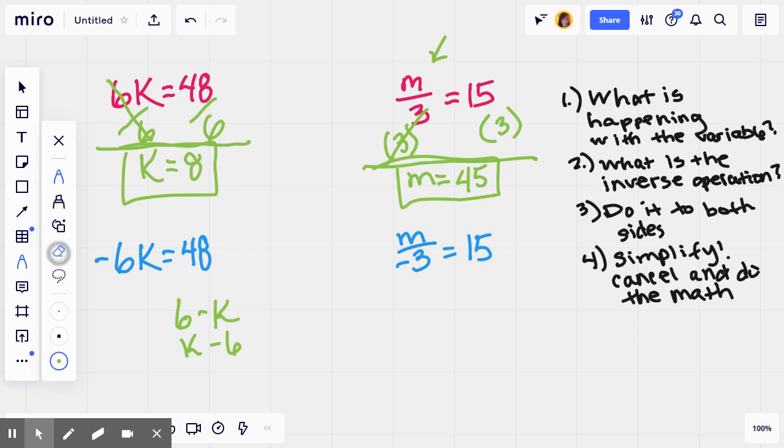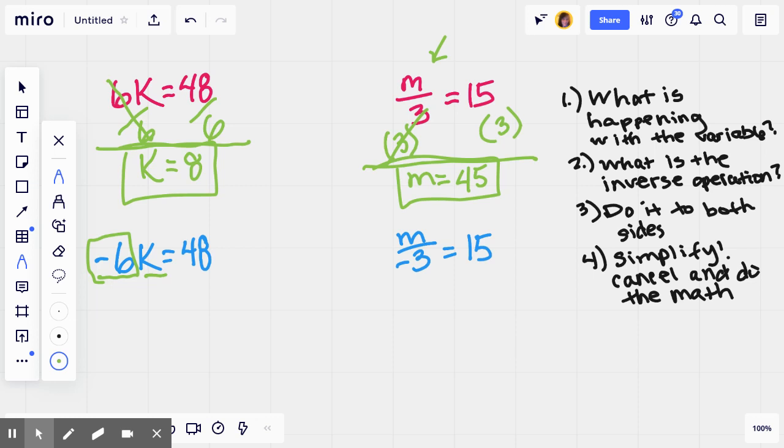But that is not what we're seeing. It's not between the two terms. It's not subtraction. What we're seeing here is that we are still multiplying. These two are stuck together. It just so happens that this is a negative 6. And the negative 6 is multiplying by the k. So don't let that negative sign confuse you. Okay? It's not in the middle of the two terms, so this is not subtraction. These are multiplying. This is negative 6 times k.